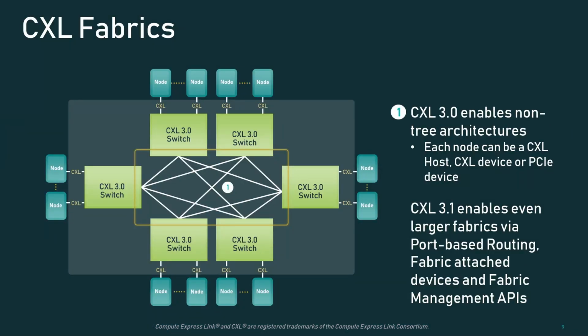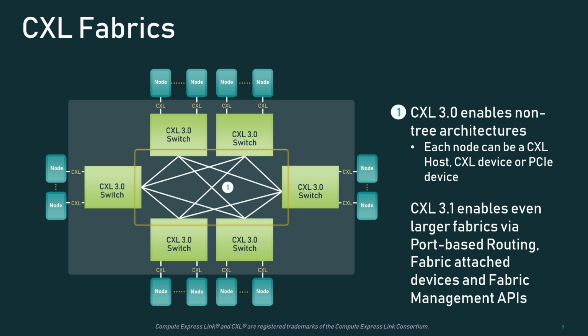So this shows a simple picture of a CXL fabric. It's a nice cartoon, but it shows multiple CXL switches connected to each other through a non-tree type structure. Lots of connections go from one switch to another switch, which allows for things like failover and traffic balancing. Each switch can be connected to a node that can be a CXL host, CPU, device, or even a PCI device.